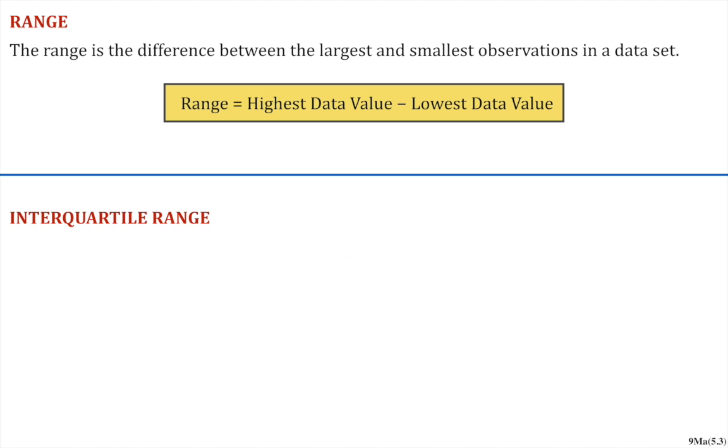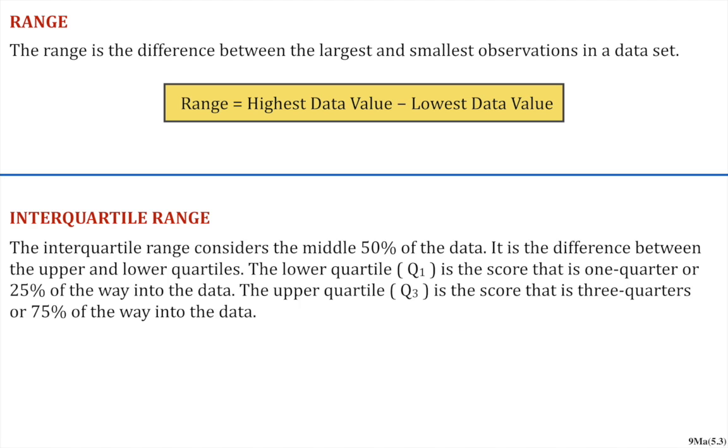So let's write that down officially. The interquartile range considers the middle 50% of your data, and we call Q1 the lower quartile, or sometimes the first quartile.